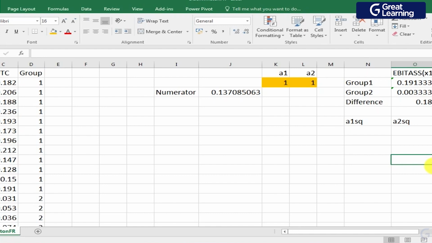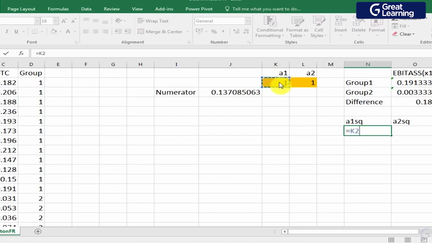I am going to calculate the variance. So I write this here. Now what is A1 square? Is equal to this square. I will have to square this. If you simply write 1, it will not come.